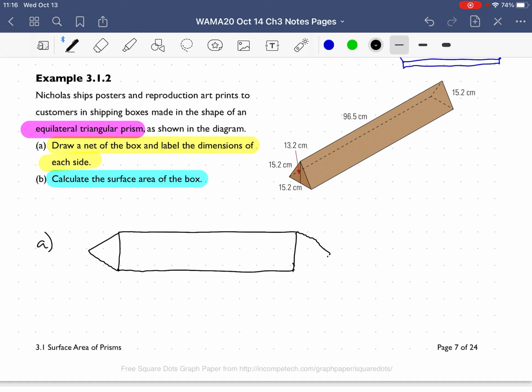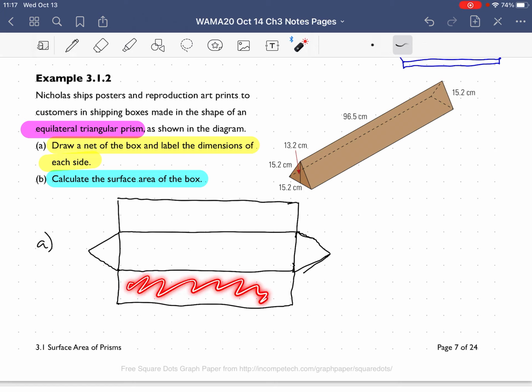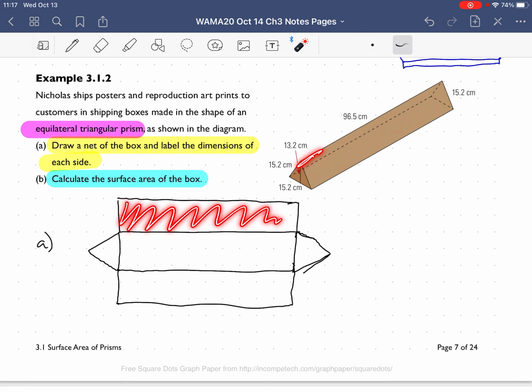I'm just trying to unfold this. Then we've got a triangle at the other end. Then we would have another rectangle here and another rectangle here. This would be unfolded, right? This rectangle here would be like this front rectangle here. This rectangle here would be like this back rectangle here.